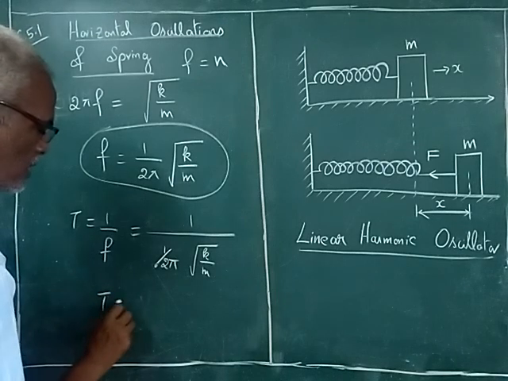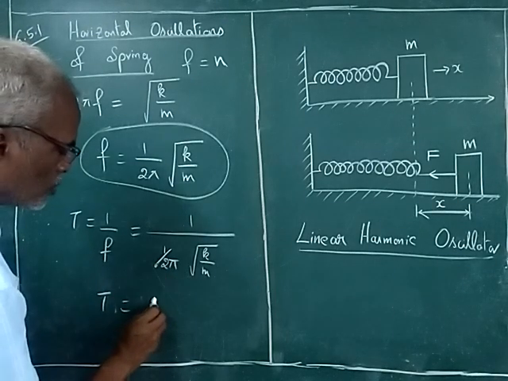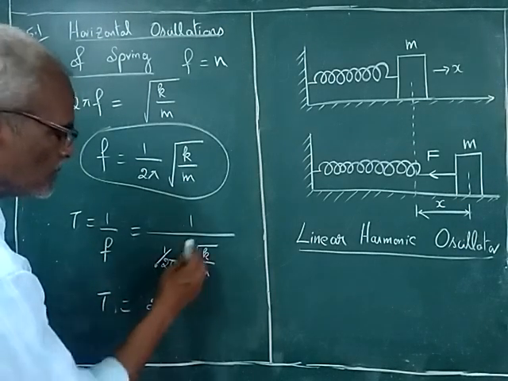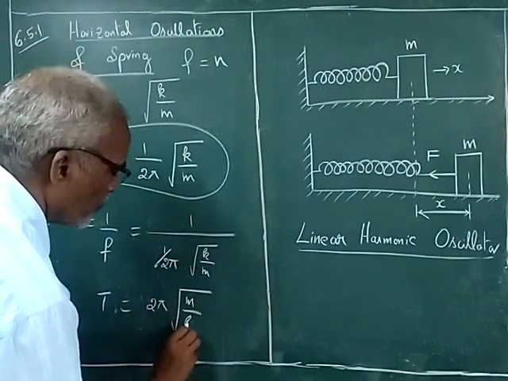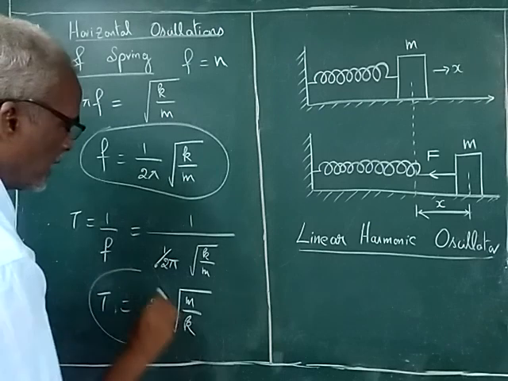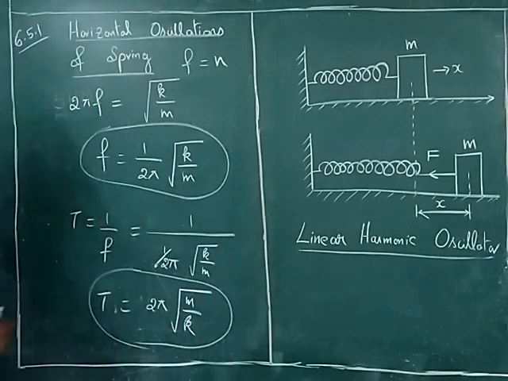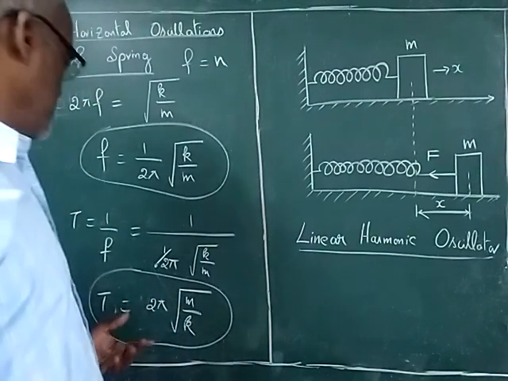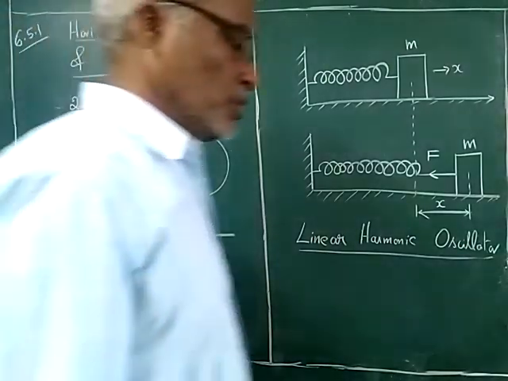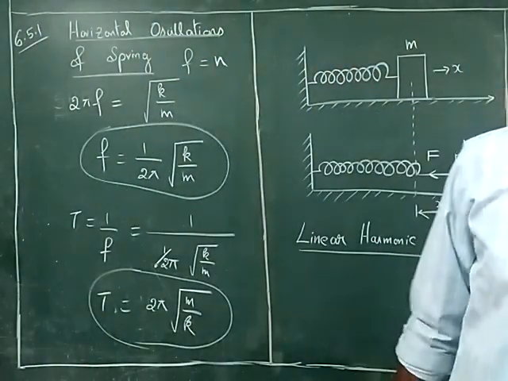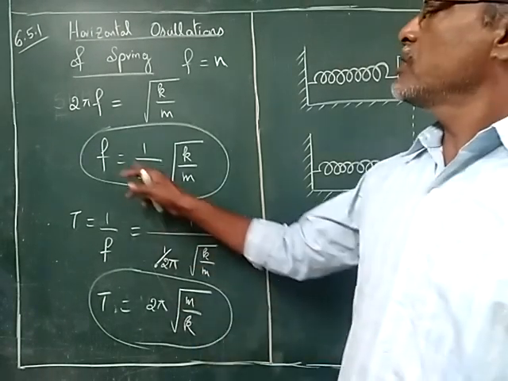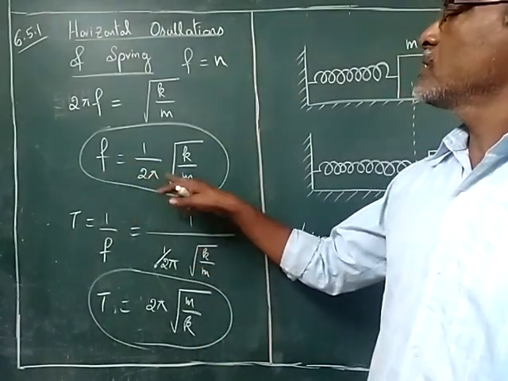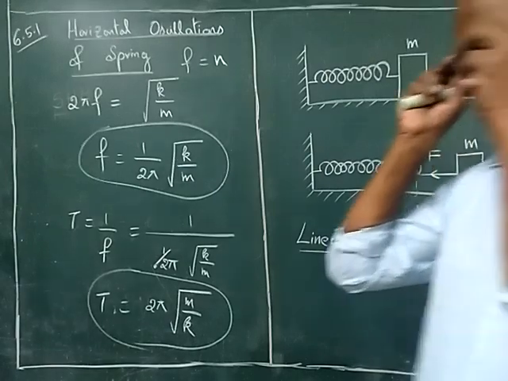So T is equal to, this 2 pi will go to the numerator, and similarly the square root m by k. So this is the time period of the oscillation: T is equal to 2 pi square root of m by k.